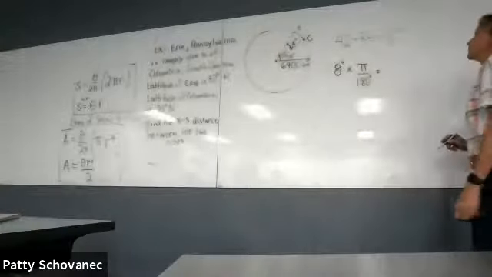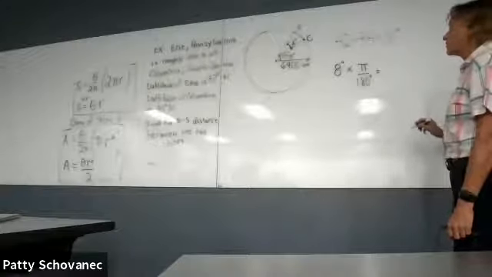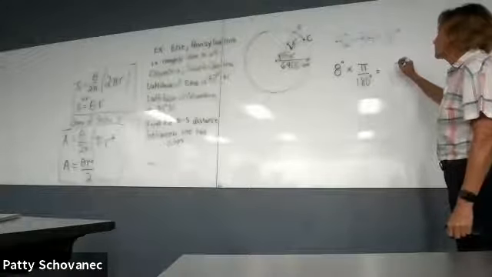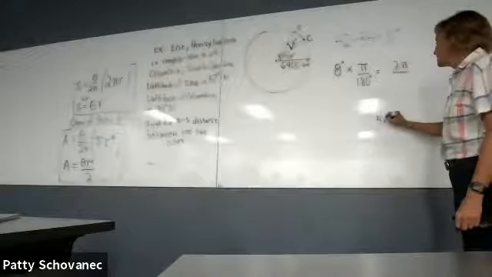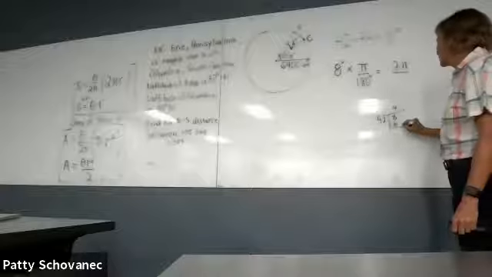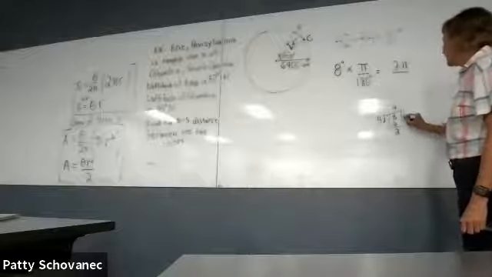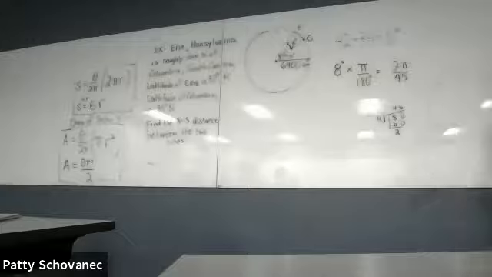Those are both divisible by 4. So 4 goes into 8 twice, and 4 into 180 goes 45 times. So 2 pi over 45 is that central angle.